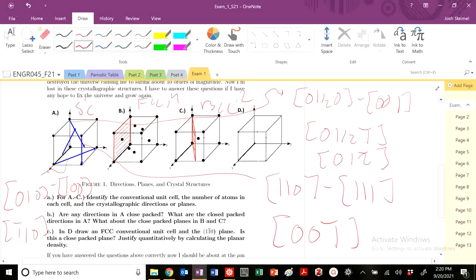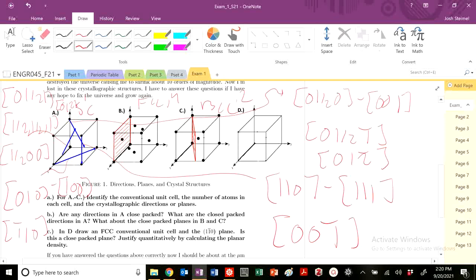And then finally over here, what's our finish point? It's 1 half, 1, 1 minus my start, which is 1 half, 0, 0. So that leaves me with 0, 1 half, 1, which is going to become 0, 1, 2. There we go.